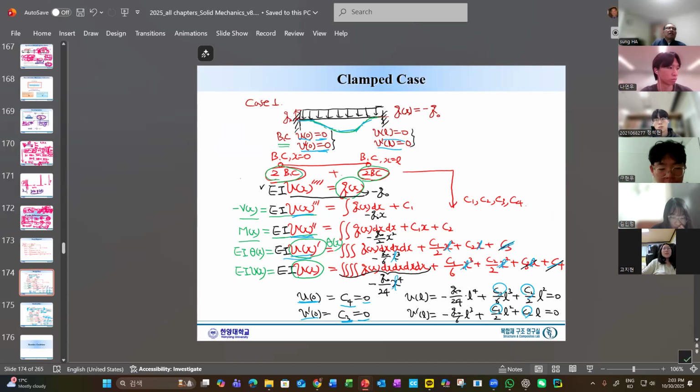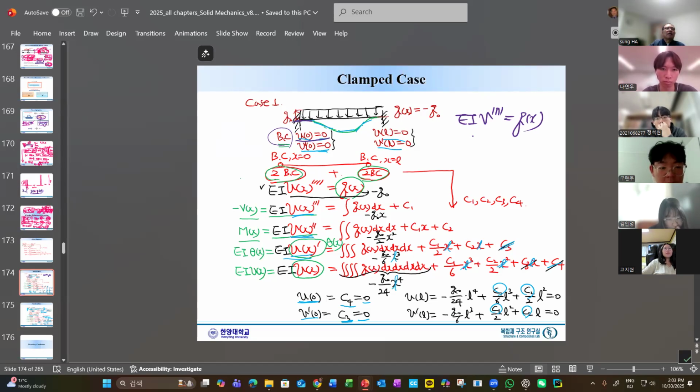Then, as you can see, how can we mathematically express the boundary condition? Well, since we are solving EI V'''' equals q(x), for the clamped end, V is the deflection, so the deflection should be zero, and the slope is clamped.